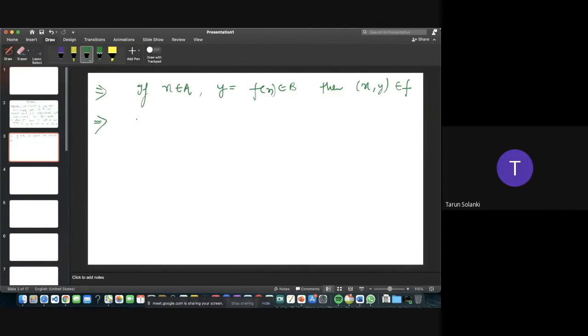Next, if (x1, y1) belongs to f and (x2, y2) belongs to f, then y1 = y2.